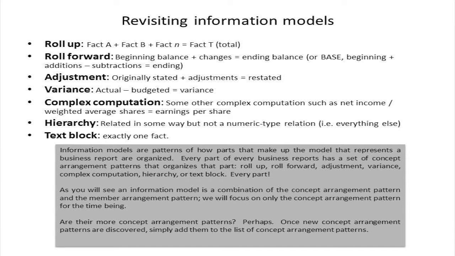For example, a roll up, a roll forward, adjustments, variance, etc. Every part has a concept arrangement pattern. So as you will see, an information model is a combination of the concept arrangement pattern and the member arrangement pattern. Okay, we'll focus on the concept arrangement pattern for the time being.